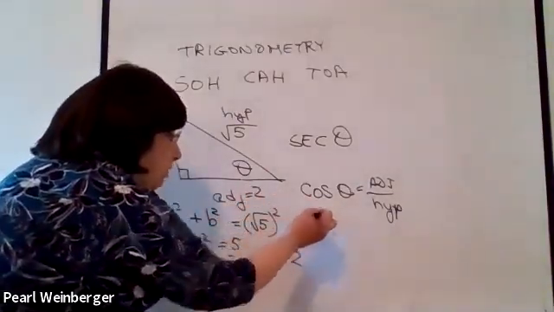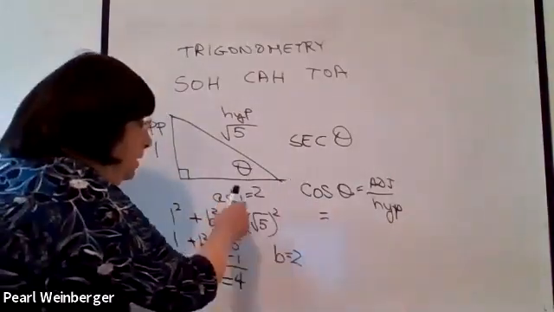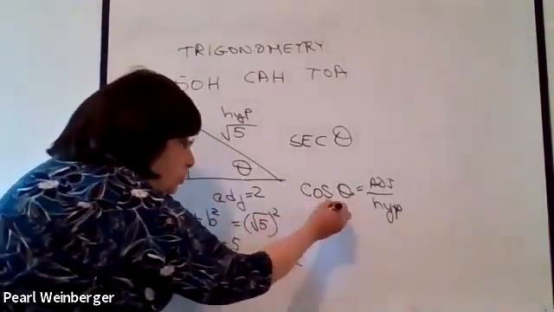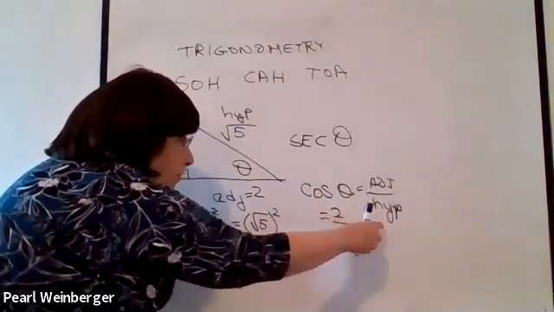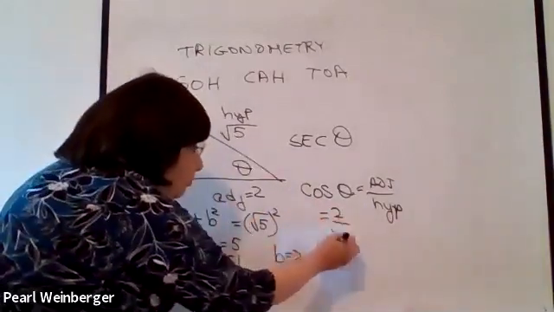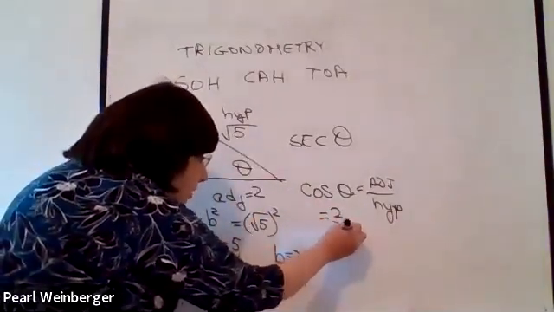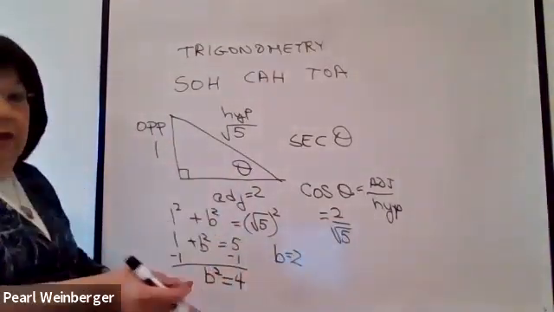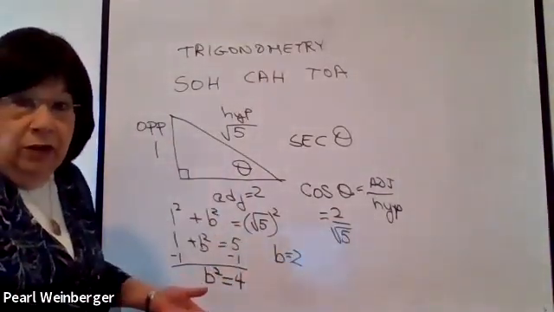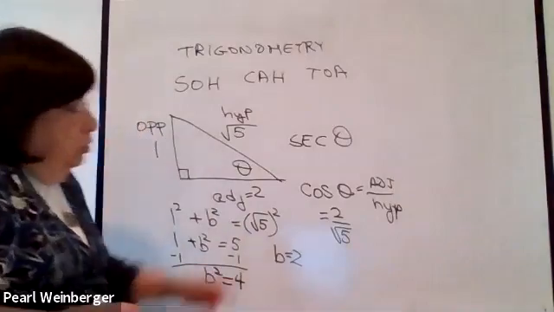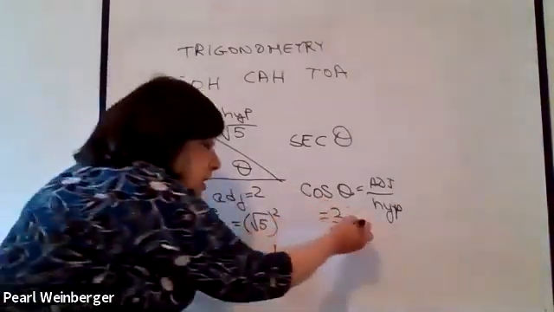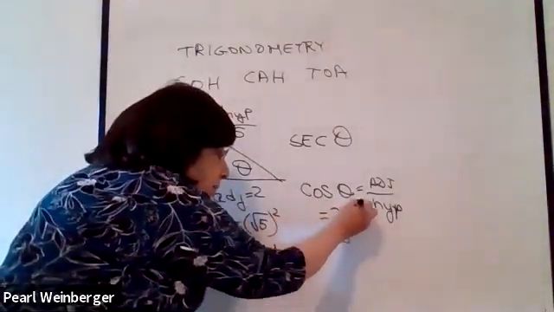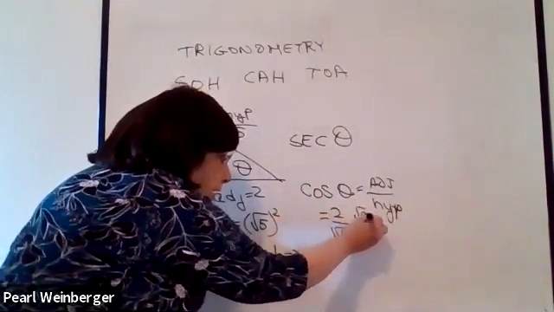So the cosine of theta turns out to be the adjacent side, which is 2, over the hypotenuse, which is the square root of 5. The only problem with this is that we don't want a radical in the denominator. So we have to rationalize this by multiplying the top and the bottom by radical 5.